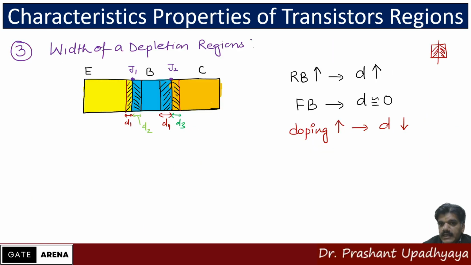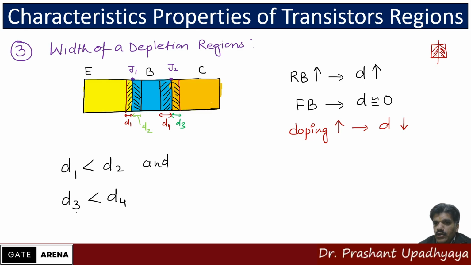So you are going to see that here we have this condition that D1 is less than D2, and when we are talking about the junction J2, we are going to say that D3 is less than D4, because we are combining these properties of reverse bias: when the reverse bias is increasing, the depletion layer is increasing.